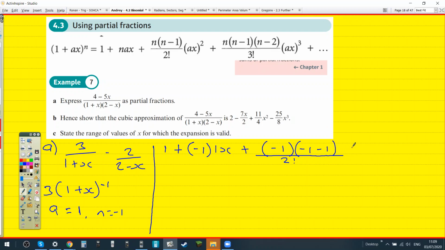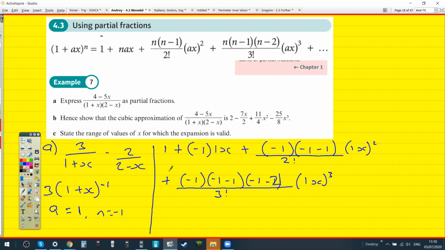And then 1x squared, and then plus minus 1 times minus 1 times minus 1 minus 2 over 3 factorial. Yep. And then 1x cubed, and then just plus dot dot dot. So you could go forever, and they just set up to x cubed.